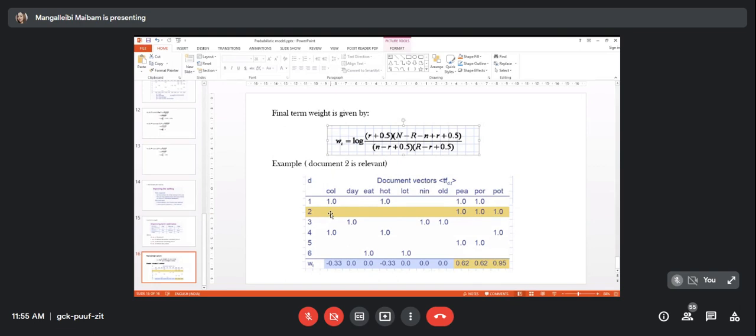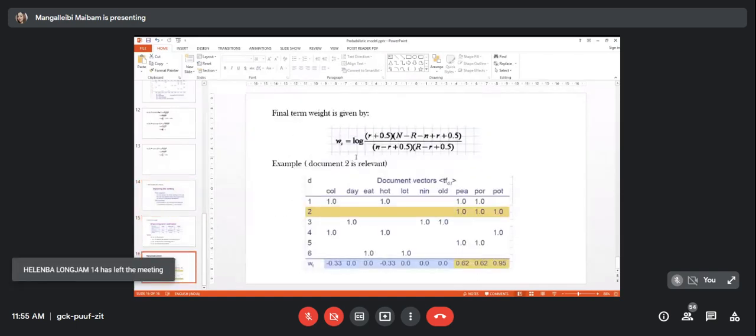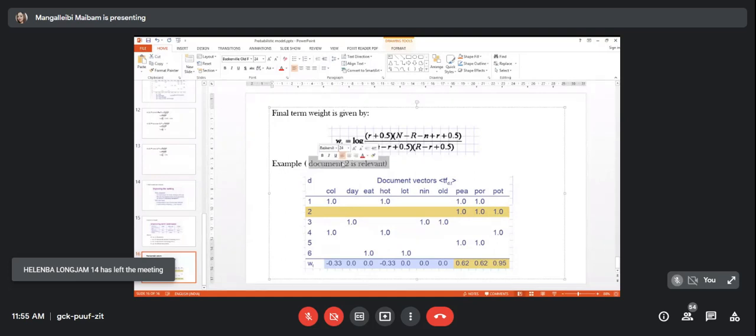So if only 2 is highlighted, see, where is the condition? Okay. For this particular example, document 2 is relevant. Then capital R equal to 1. Since we have only one relevant document, I'm writing here capital R equal to 1.